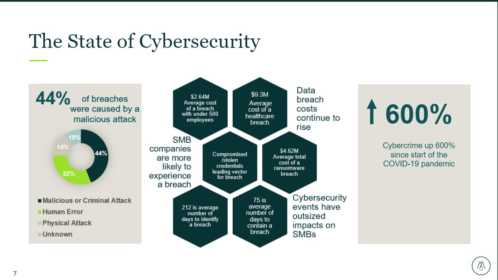The bottom section, we're going to cover a little bit more, talking about the average number of days to identify a breach and the number of days to contain a breach. Actually, we'll cover this on the next slide. And the other thing is just the uptick in cybercrime since the start of the pandemic. So with people working remotely, all these new devices connecting over a VPN or different connections back to the organization, and social engineering attacks being sent to personnel.